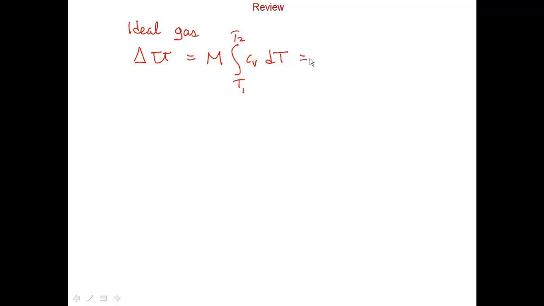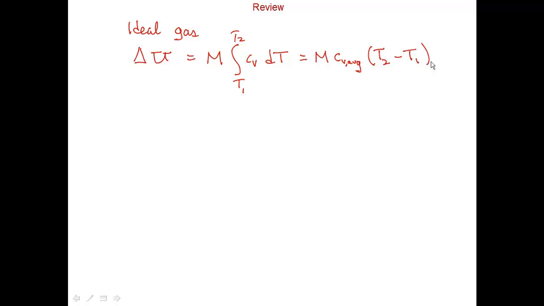So if we perform this integral and treat CV as an appropriate average value or as a constant, we can write then that this is a mass times CV average and final temperature minus initial temperature.